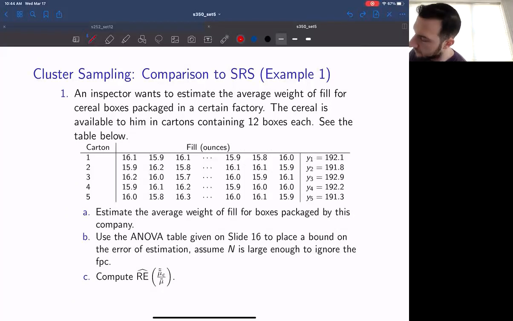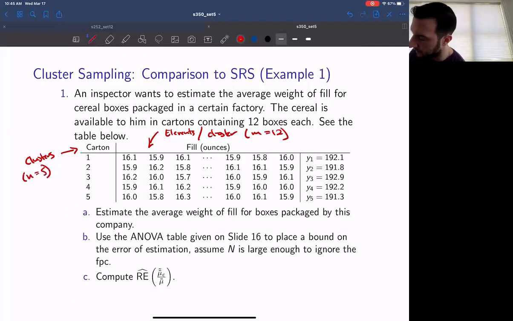These are going to be the clusters, and these parts here are going to be the elements per cluster. So those are the m. So we have m is equal to 12, which gives us little n is equal to 5. And then we have the yi, which again are the response variable.